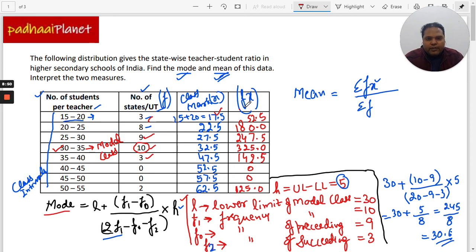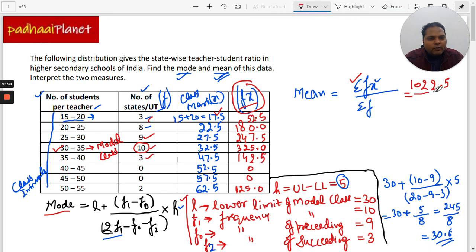We have got all the fx values, and now we need to find sigma fx by doing the sum of all these fx values. We add them up and get the total.